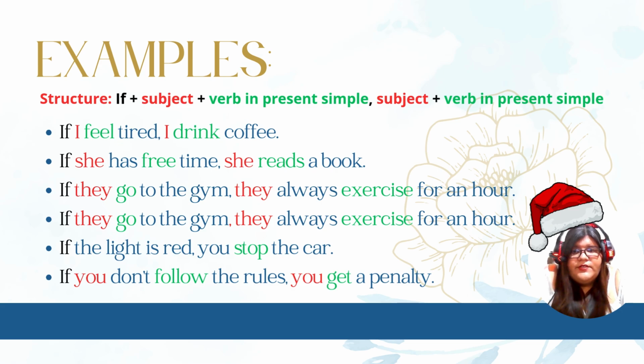Then we have here, if the light is red, you stop the car. This is like a general truth or fact, right? If you don't follow the rules, you get a penalty. And if you see here, we are using a negative sentence at the beginning because we use the auxiliary verb do, contracted in negative, don't.